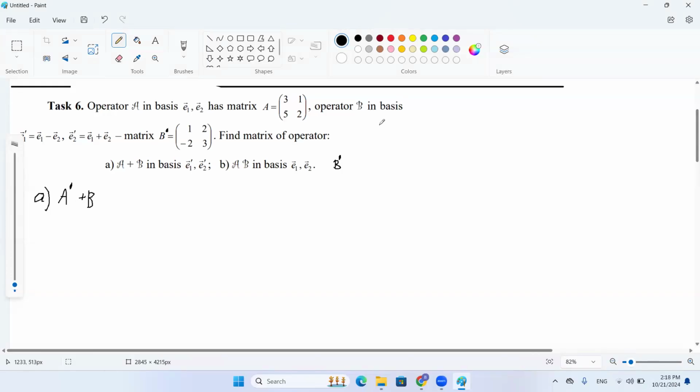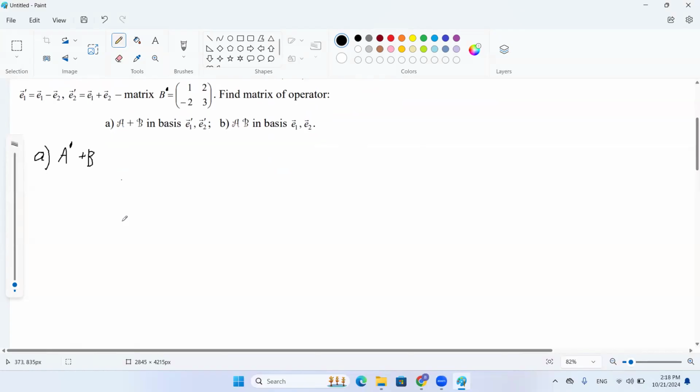We need to find matrix B in basis E1, E2, and then A multiplied by B. So A doesn't change in this part. So now let's find the first. Let's solve A, and then we will see how much time we have.